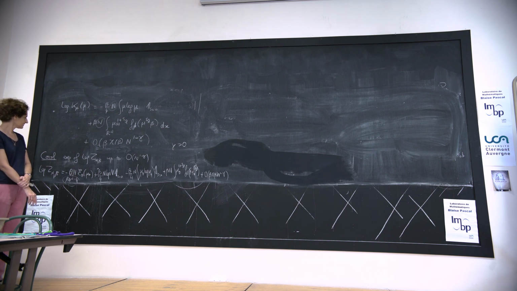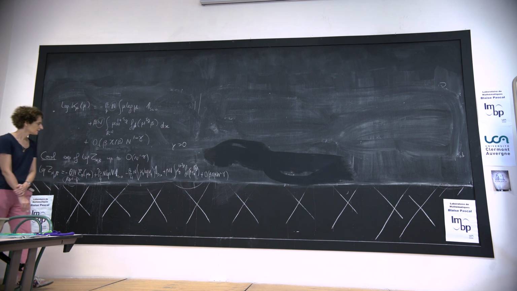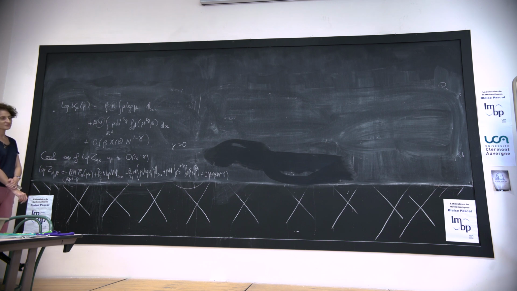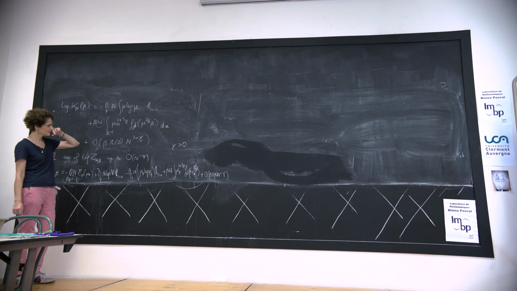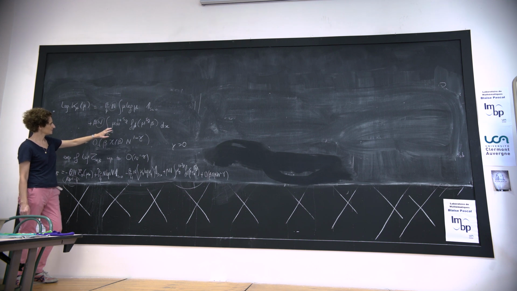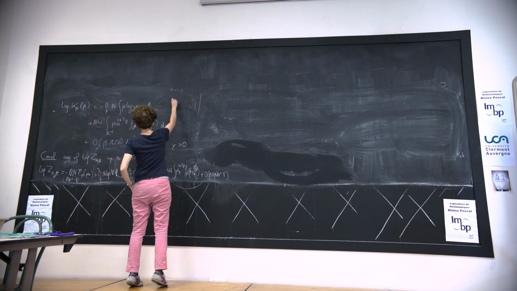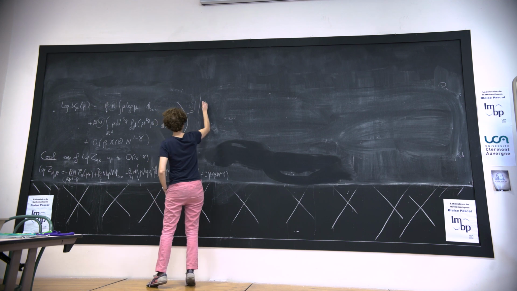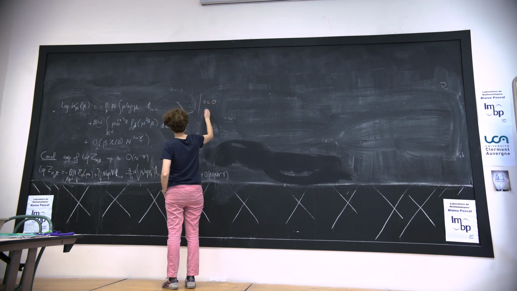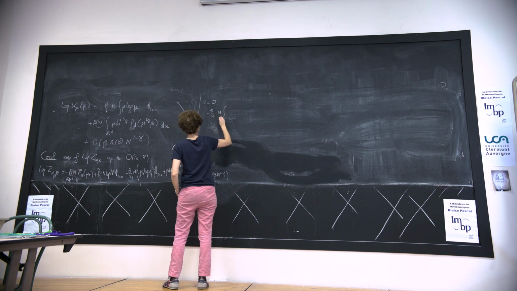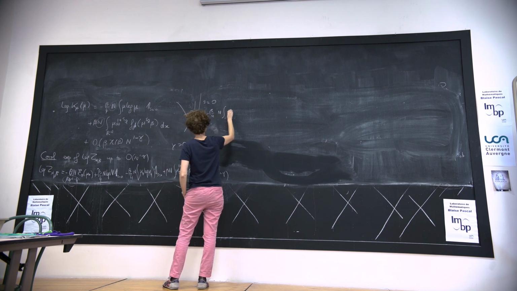Another thing that's noteworthy, and we're going to use a bit later today, is that the case s equals 0 in dimension 2 is particularly interesting, because for s equals 0 you just get beta over 4 n times the integral of mu log mu.